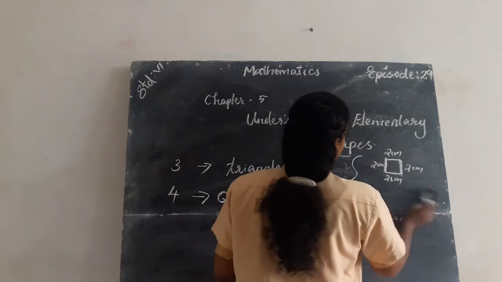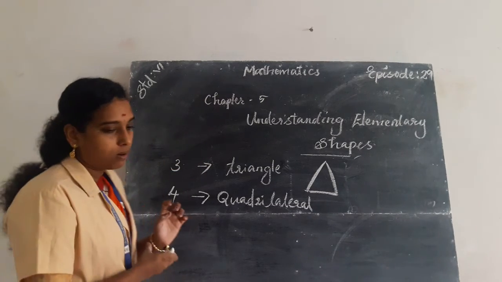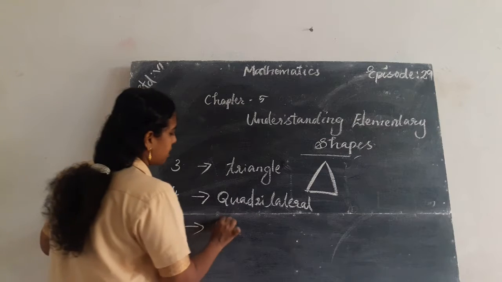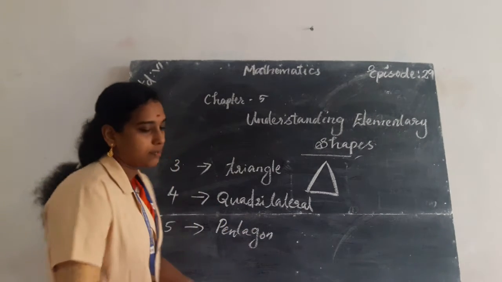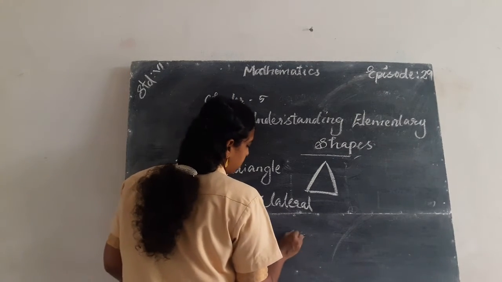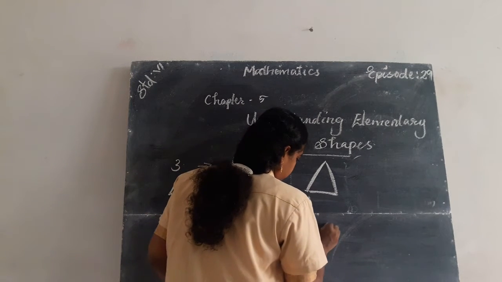Then polygons with 5 sides. Polygons with 5 sides are called pentagons. A pentagon has 5 sides like this.